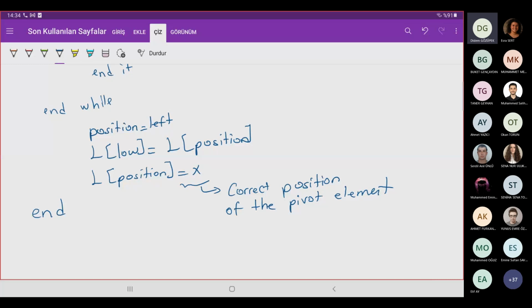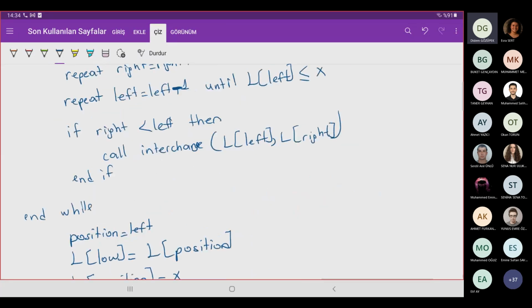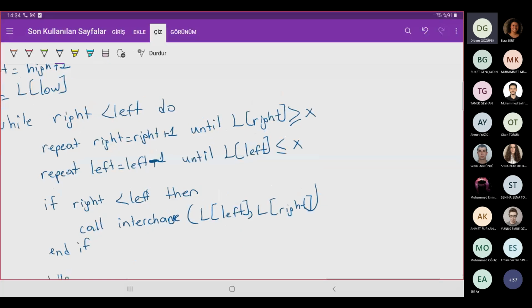So the basic operation is indeed here, while until L right, let me, these comparisons, okay? Because we constantly compare the elements that are pointed to by left and right with the value of the pivot.